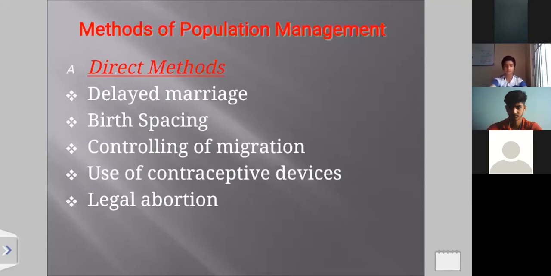Now, my dear students, we are going to interact on the direct methods of population management. First, the first direct method, delay marriage, and as I told you, delay marriage means to marry at an appropriate, suitable age.